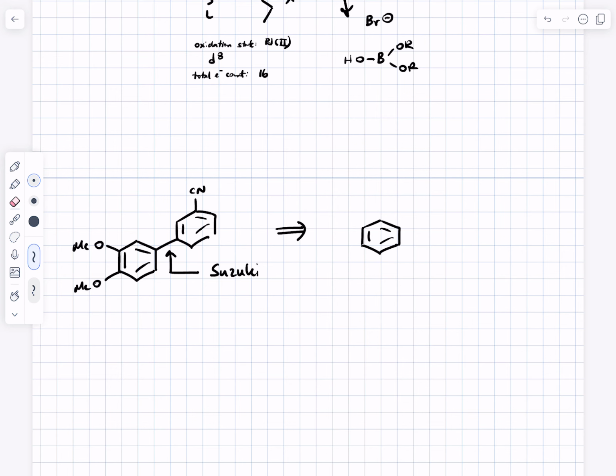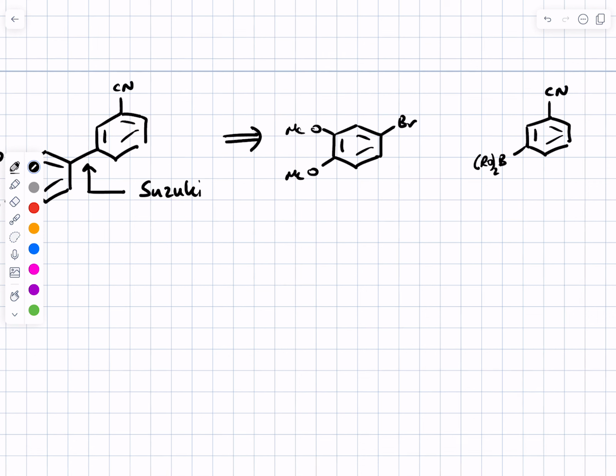For example, we could choose to have one side be the halide and the other side be the organoborane, which I'll abbreviate that way.